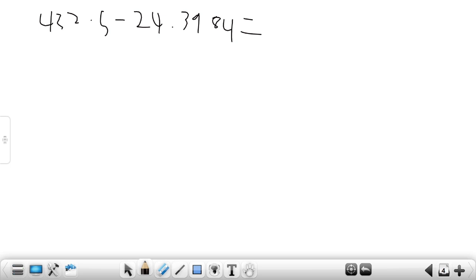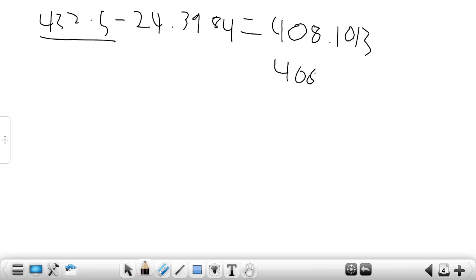We'll go ahead, get a calculator. 432.5 minus 24.3984, which equals 408.1013. And we want to round here to the least amount of decimal places, which is this one. So we're going to round to 4 sig figs, which will get us 408.1.